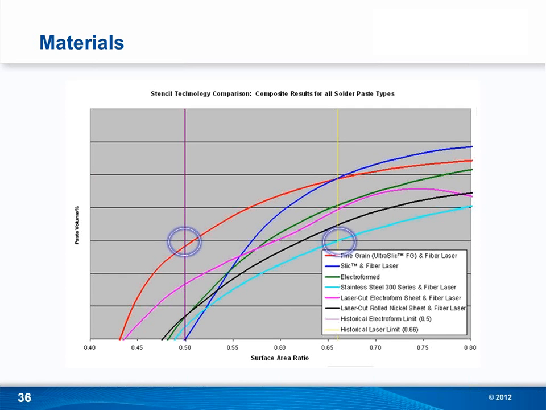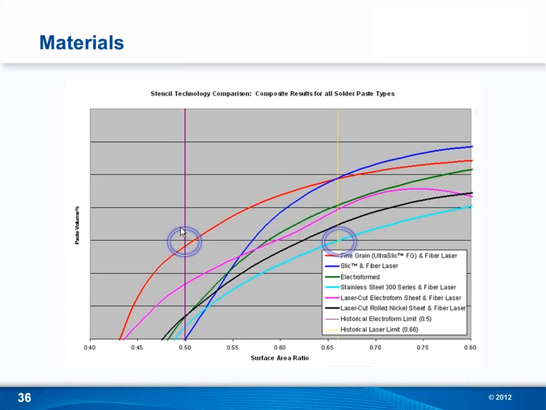All the other stencils that were being tested in this particular test gave better paste release. And the best one, which is that red line, intersects that paste release line at the vertical purple line. And that particular line indicates an area ratio of 0.5.